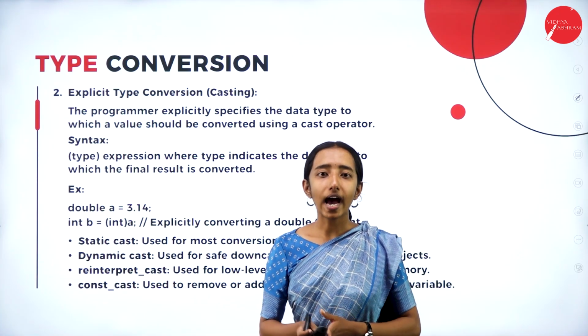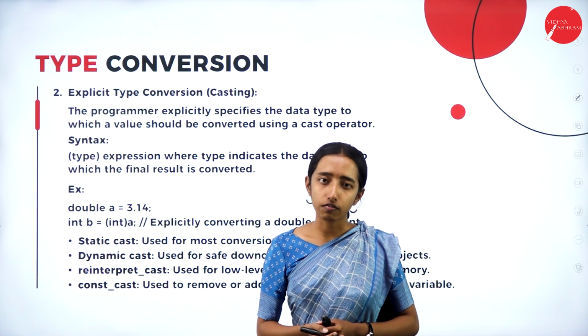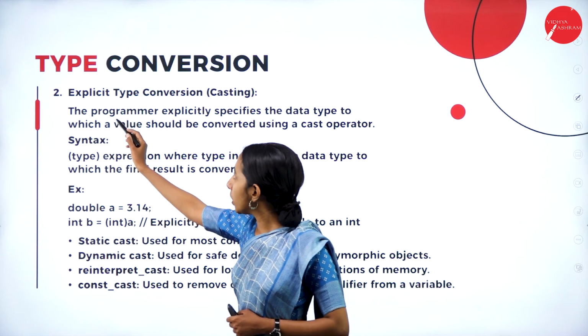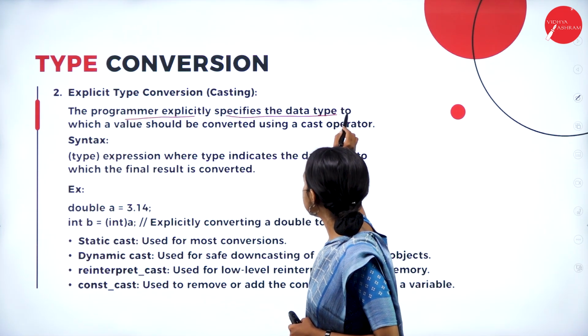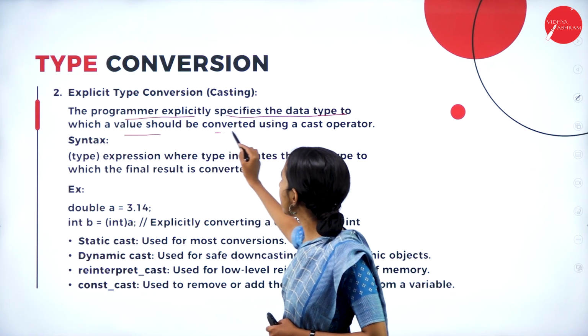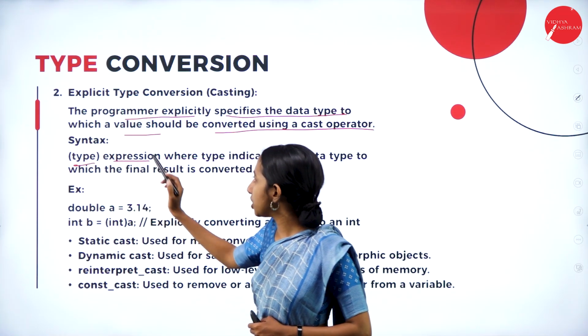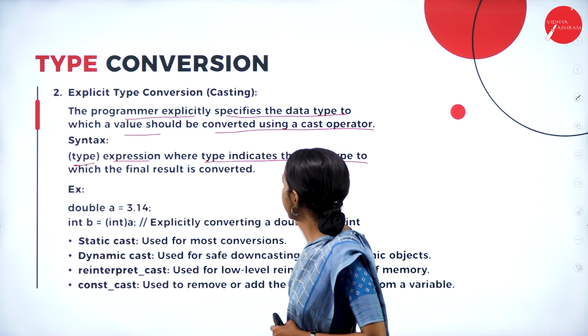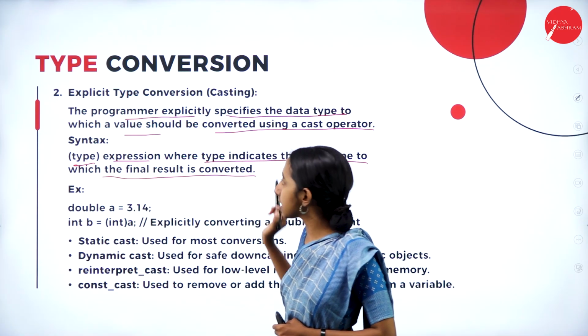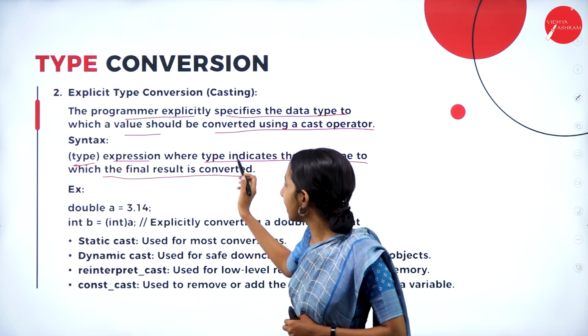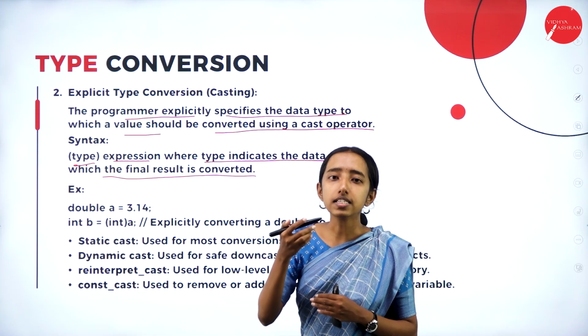So next we are having explicit type conversion, that is casting. The programmer explicitly specifies the data type to which a value should be converted using a cast operator. The syntax is (type) expression, where type indicates the data type to which the final result is converted. A type is a data type that a user or a programmer is indicating.